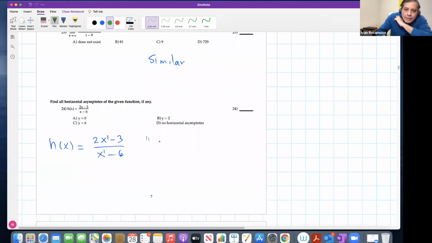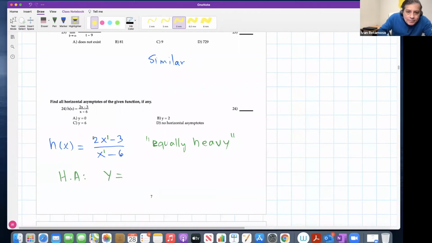This is what we call an equally heavy rational function, right? Why equally heavy, Professor? Because degree 1, degree 1, equally heavy. For equally heavy rational functions, we said that the horizontal asymptote is given by this equation, y equal, and you just pick up this guy and this guy.